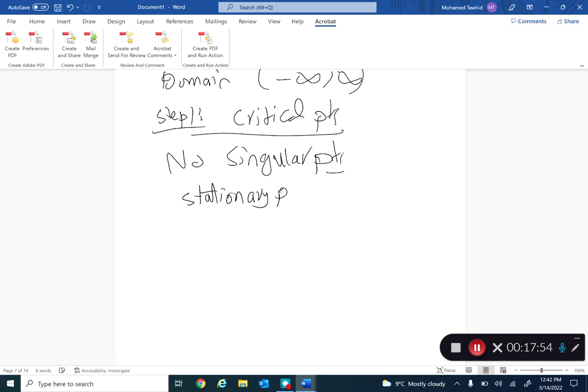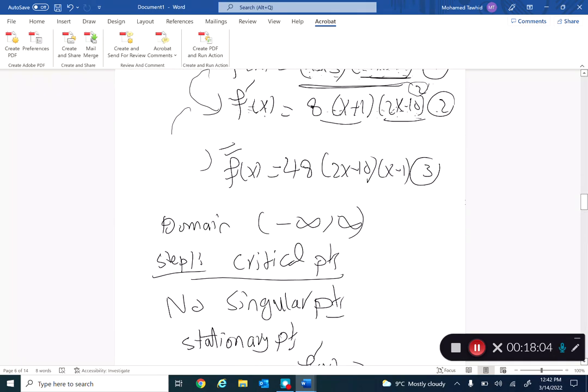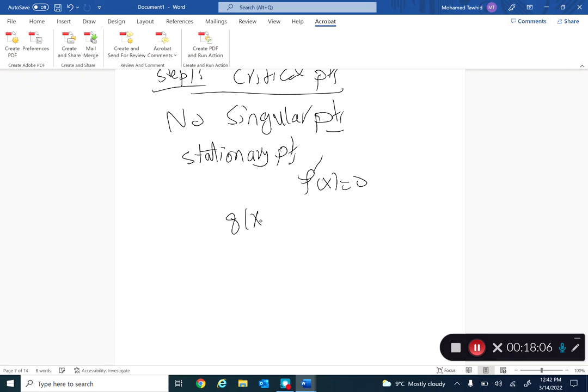How to get a stationary point? You take your derivative and equate that to 0. So what is my derivative, equation 2? Let's copy from 2 here: 8 multiplied by x plus 1, times 2x minus 10 squared equals 0. So if I divide by 8, you have x plus 1 multiplied by 2x minus 10 squared equals 0.